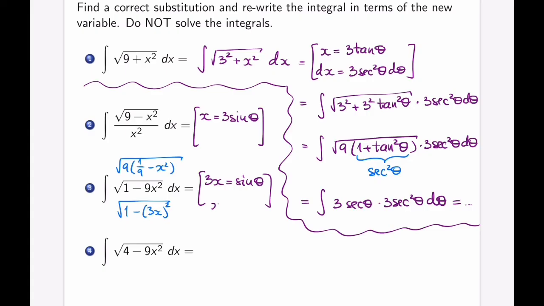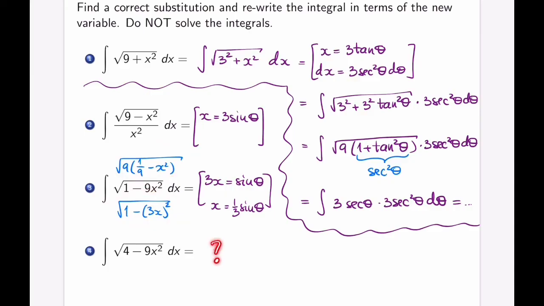So in this case, as the first step, you would have seen the substitution x is equal to 1/3 sine theta. Now, of course, both methods yield the exact same substitution. You just have to divide this one by 3 throughout. So really just choose which way you prefer to think about it.